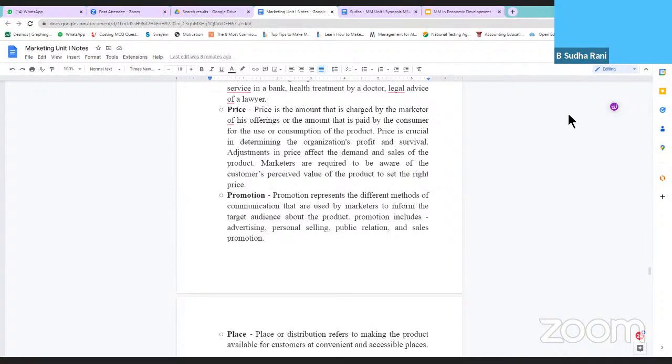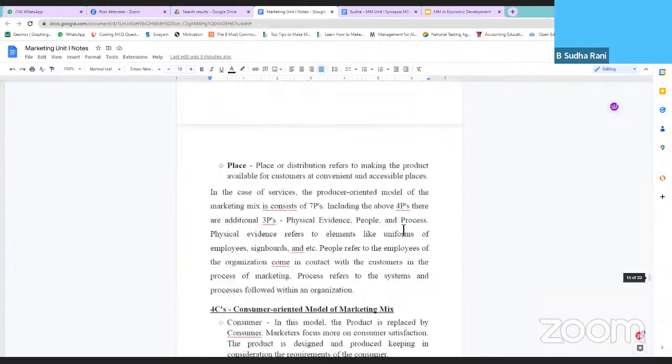The next one is promotion. Promotion is again communicating about the availability of the product to the targeted consumer using various promotional tools. The last P is place. Place is the element through which the marketer makes sure his product is available to the targeted consumers in convenient and accessible places.